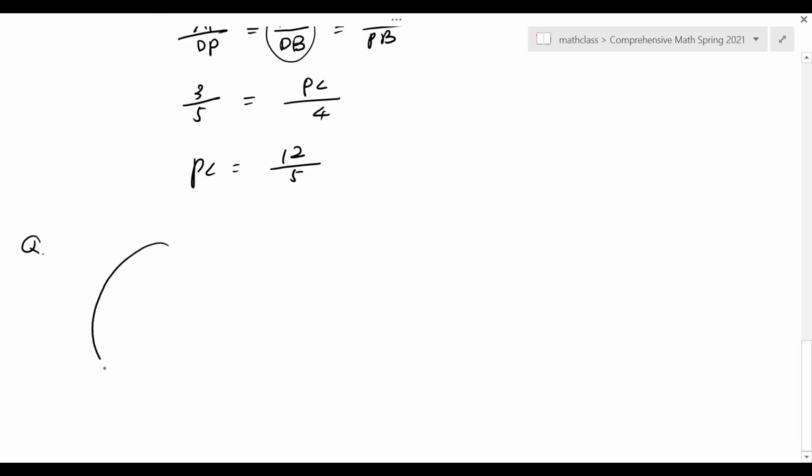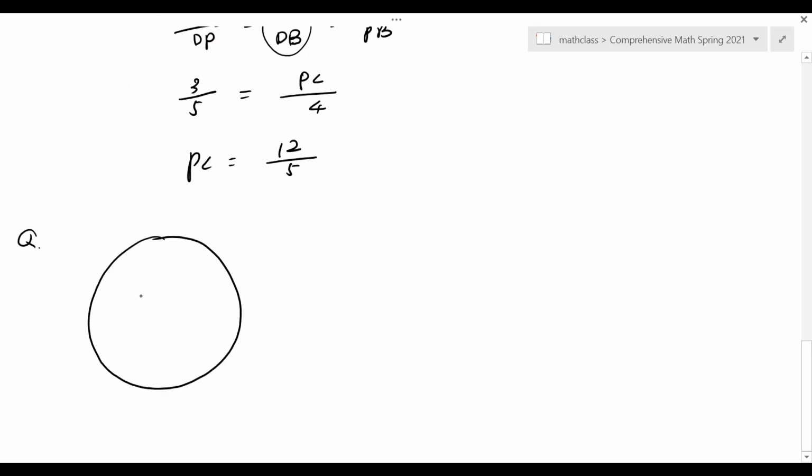So now you draw the circle. This is D, this is A, that's B and C, and they intersect at the point E. We are given AD equals AE, equals 3.